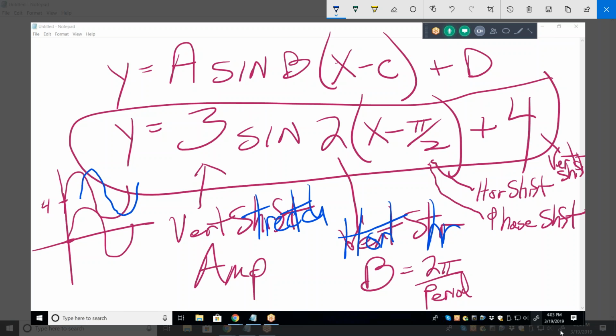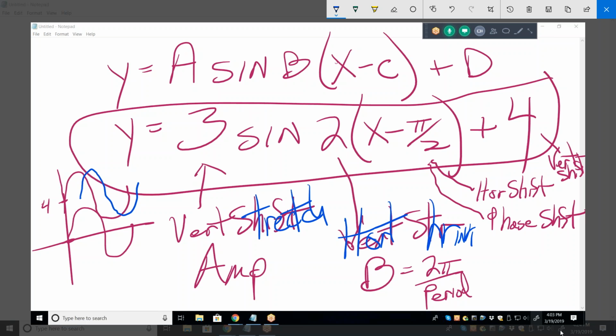In other words, when you're talking about vertical stretches, numbers greater than 1 are stretches, numbers between 0 and 1 are shrinks. When you're talking about horizontal stretches, numbers greater than 1 are shrinks, numbers between 0 and 1 are stretches. So this is actually a shrink.